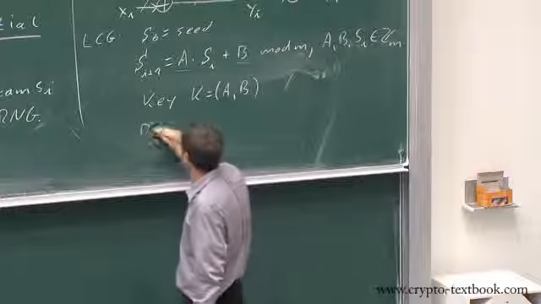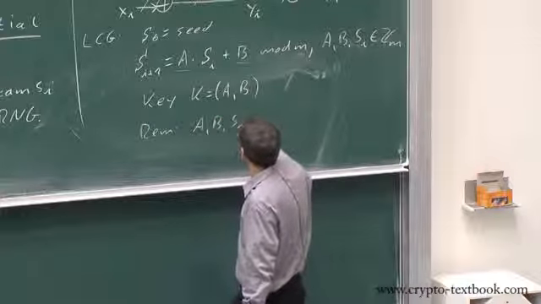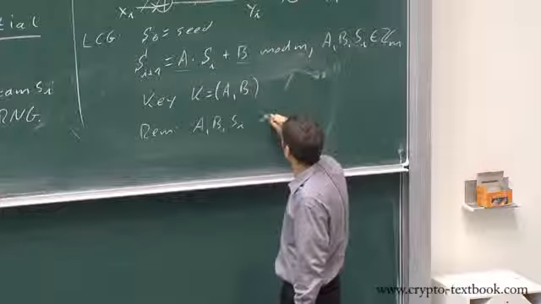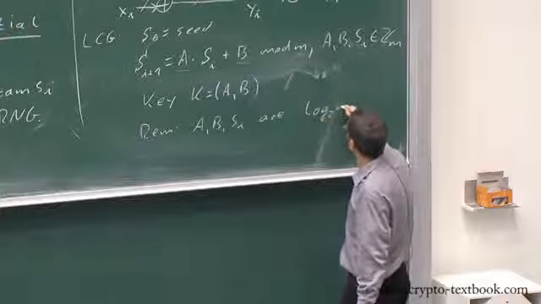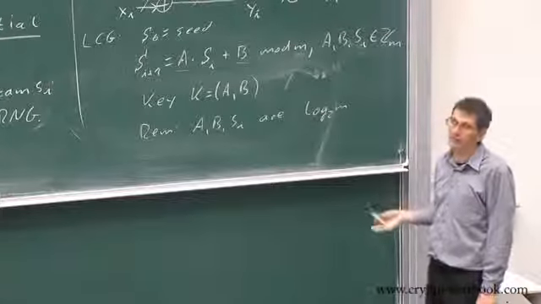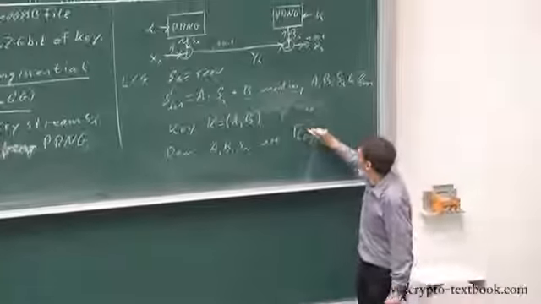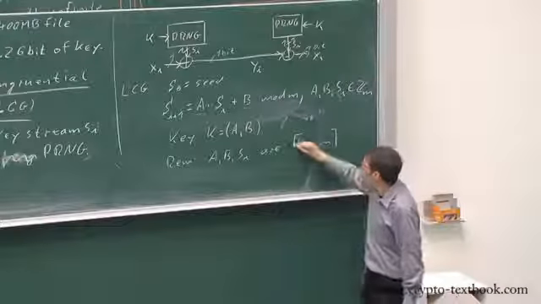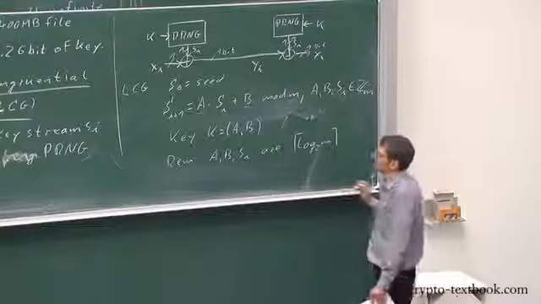Remark: A, B, and S_i are ⌈log_2 m⌉ bits, the binary logarithm of m. This is the bit length of m, and you round it up with the Gaussian operator.